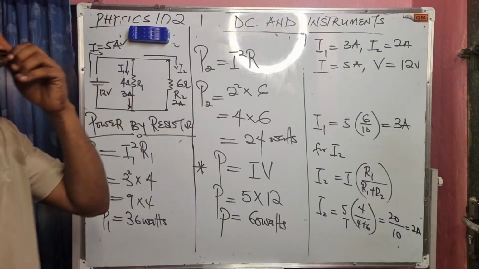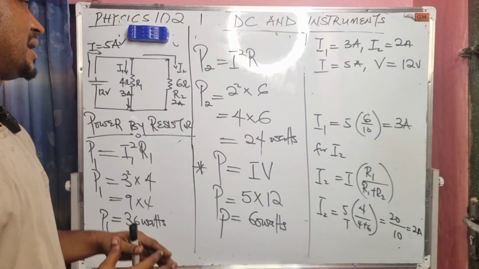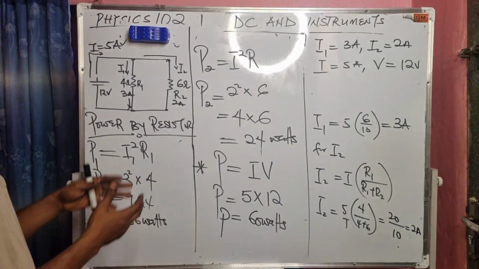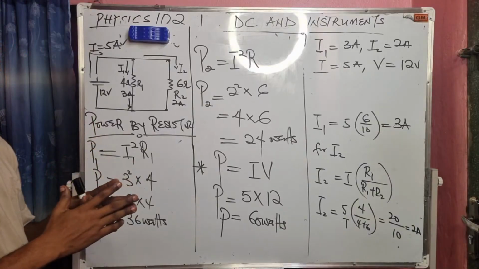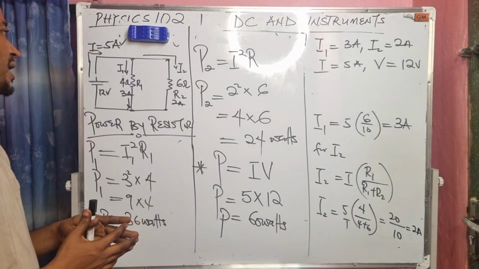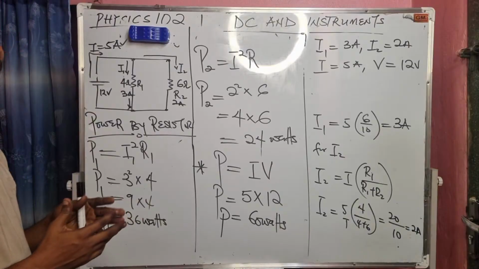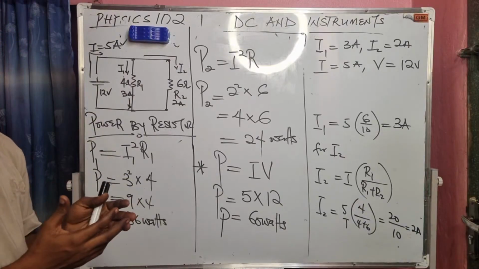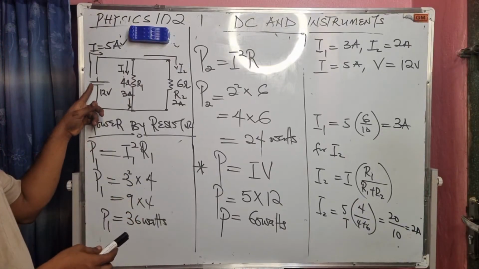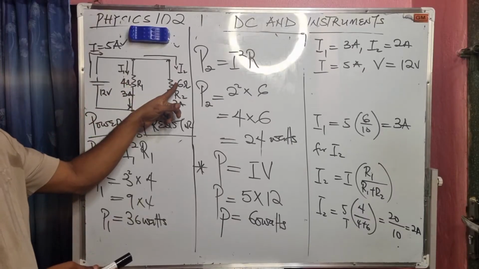There are certain circuits that we cannot analyze just like we did. We have some complex circuits where we have more than one independent voltage source. Like we can have a voltage source here, we can have another voltage source here.